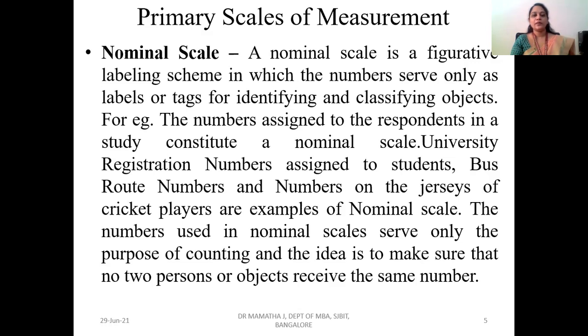So we are labeling these students by giving a USN number. Also the bus route numbers. It doesn't mean one is high or two is low. Only to classify the items based on certain characteristics. So this is about the nominal scale.